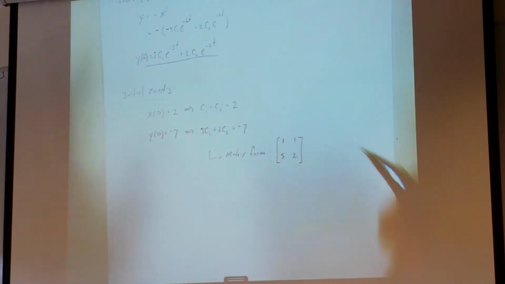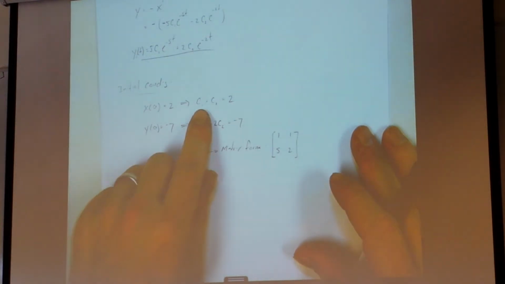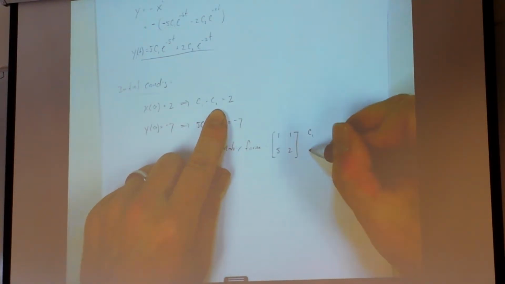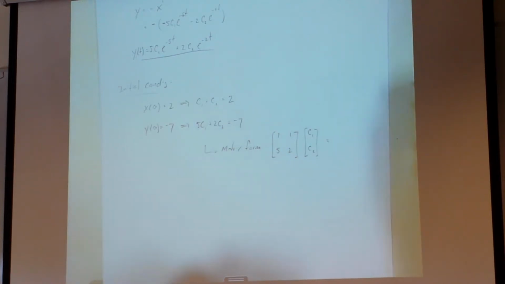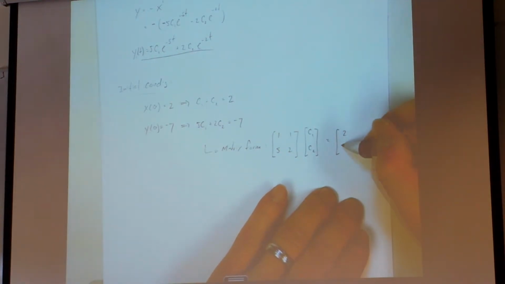Now, we haven't defined this yet. We're going to get there. But times C1, C2, if this is a column vector, equals 2, -7.